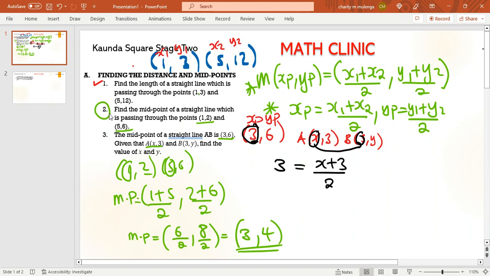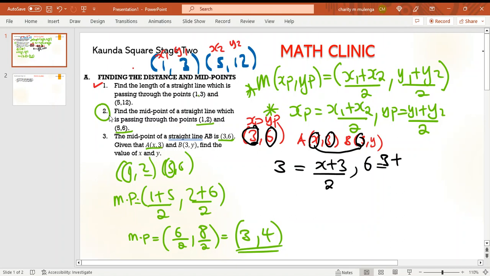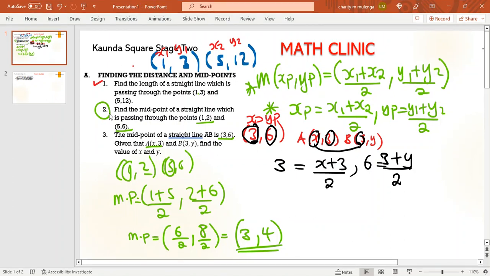So 3 is the midpoint of x plus 3 divided by 2. Again, 6 is the midpoint of adding this 3 plus y over 2.